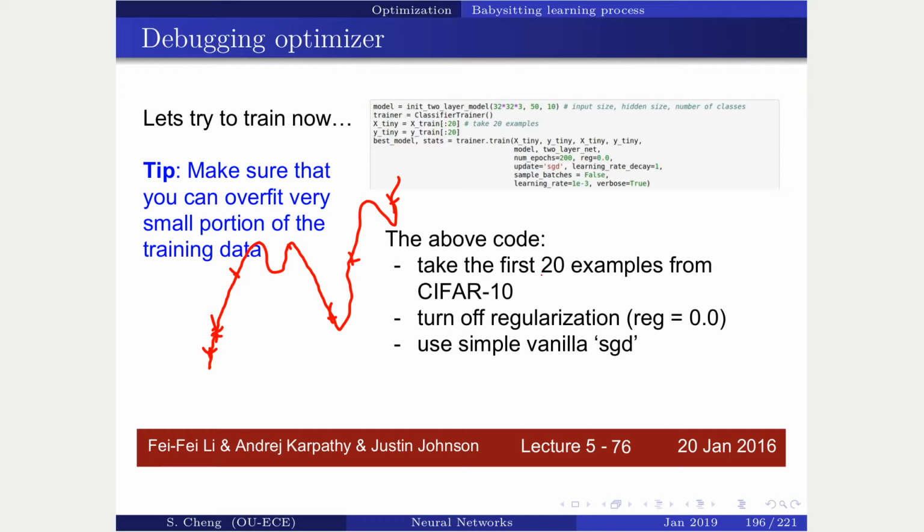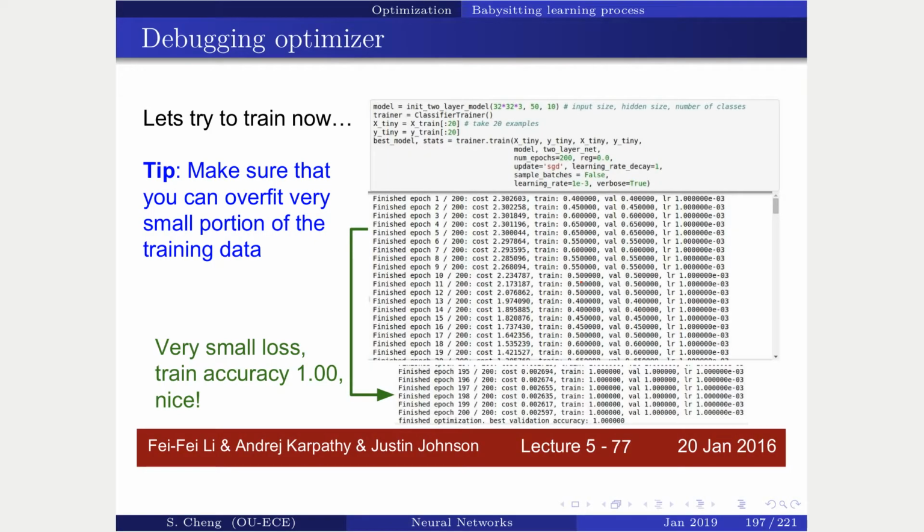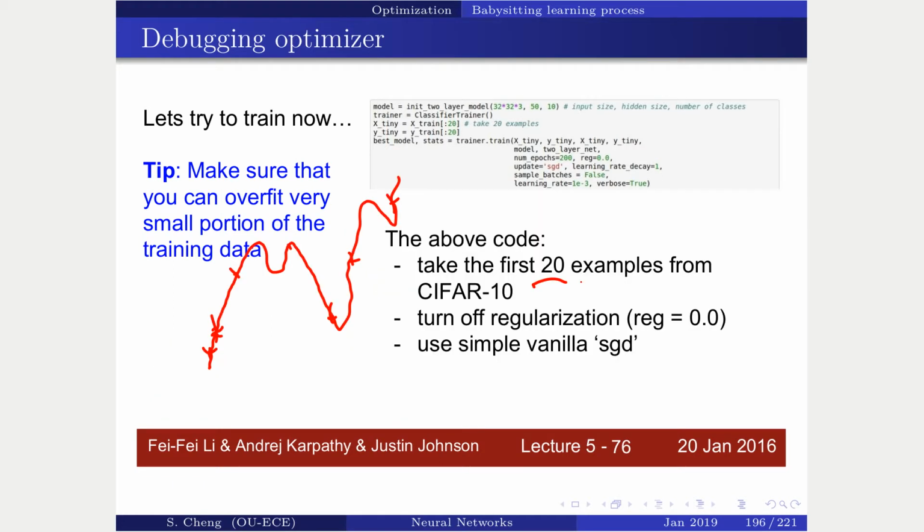Let's make a very small example. Let's just take 20 samples here and try to overfit the model. And be sure you don't impose any regularization, because the regularization will restrict your model capacity, right?